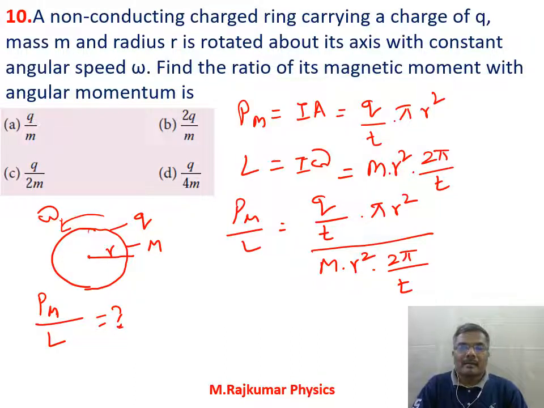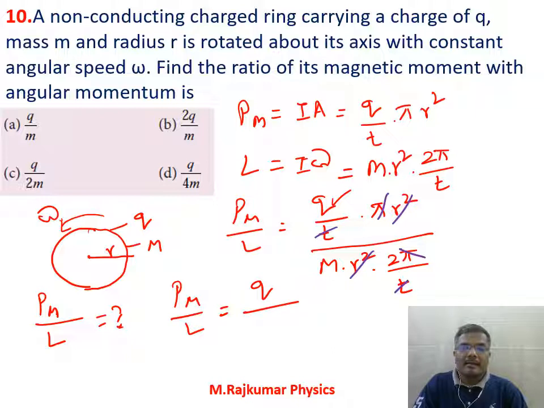If I simplify this, this pi and this pi get cancelled, the r square gets cancelled, and this t and this t get cancelled. Finally, this ratio Pm by L will be equal to q in the numerator, and 2 and m in the denominator, q by 2m. So this ratio of magnetic moment with angular momentum L will be q by 2m.